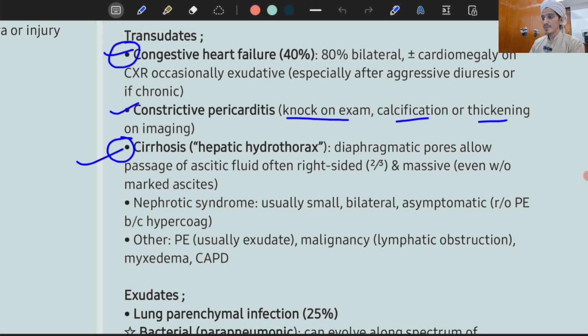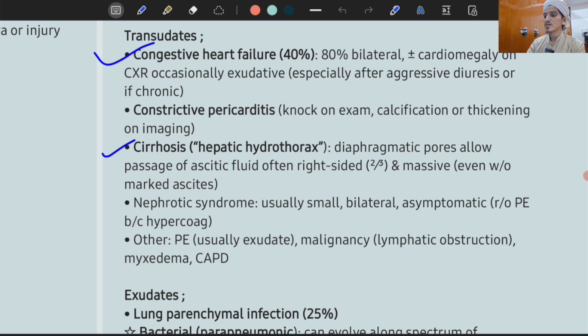Diaphragmatic pores allow passage of ascitic fluid, which is often right-sided in 2/3 of the cases, and can be massive even without marked ascites. So without marked ascites, you can also have pleural effusion, usually on the right side, in a patient of cirrhosis. So these two are the most common causes of transudative pleural effusion: heart failure and cirrhosis.